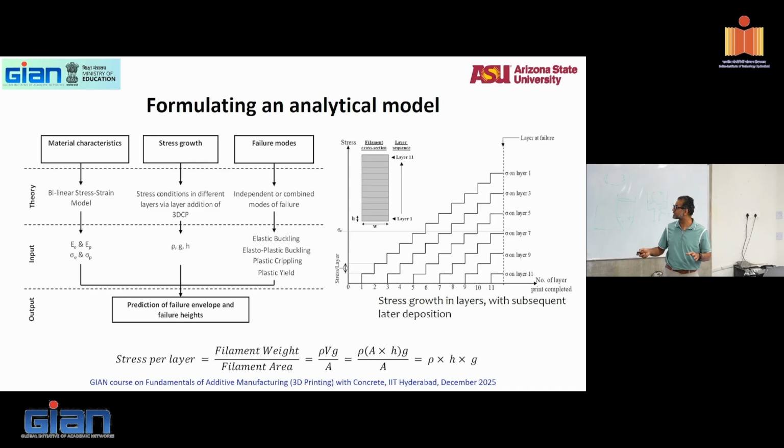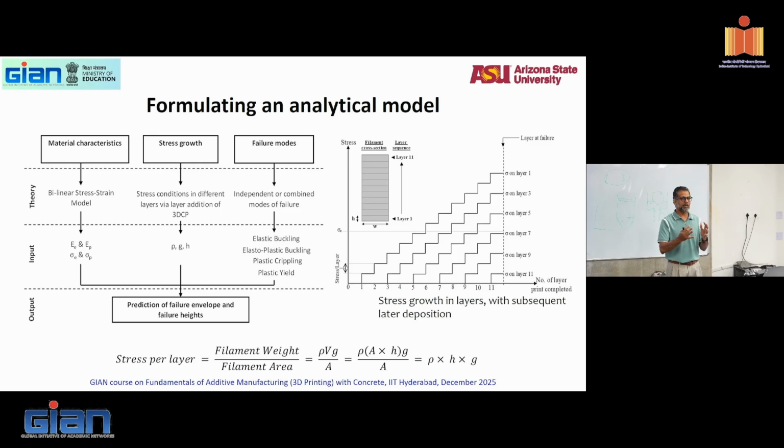Let's simplify it. There will be an elastic buckling. As I keep layering more and more, I will have the tendency to have buckling of it. So I can have elastic buckling, if everything is under an elastic load.